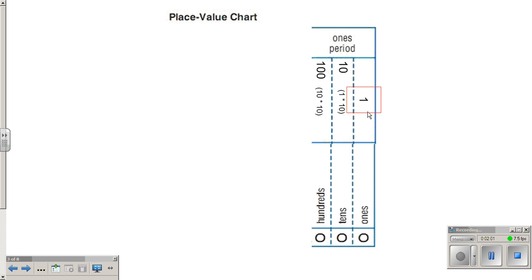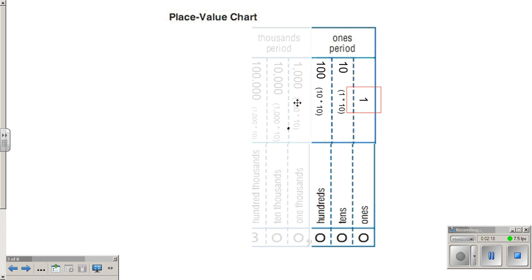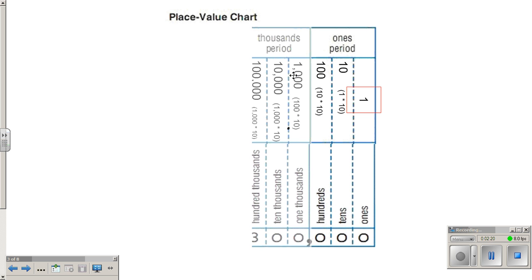As we move left in the columns, each value is multiplied by 10, because the tens column is 10 times greater than the ones, and the hundreds is 10 times greater than the tens. If we keep moving on, the next one is the thousands period, with our 1,000s, 10,000s, and 100,000s. The way we separate the ones period and the thousands period is by using a comma.